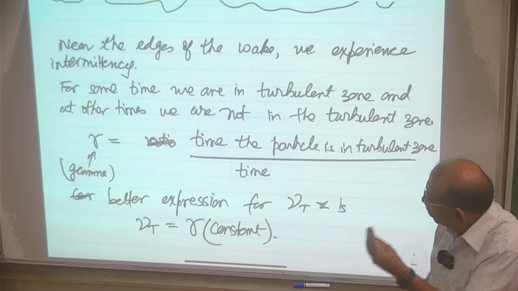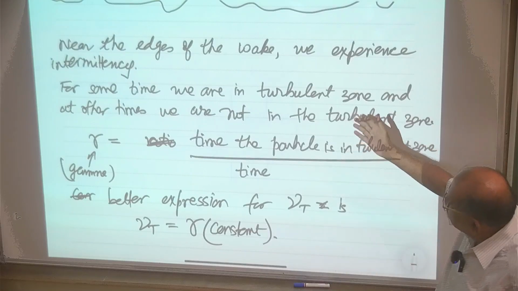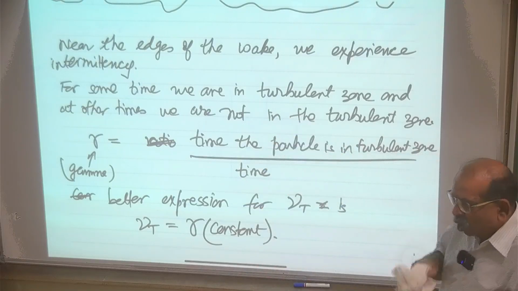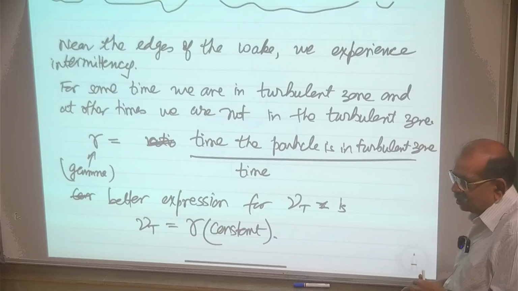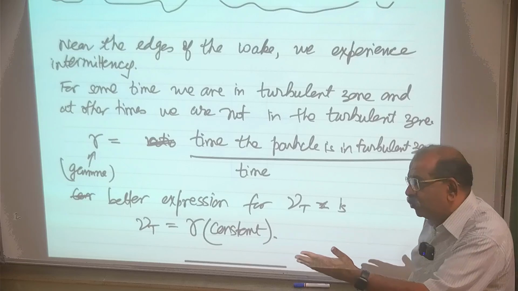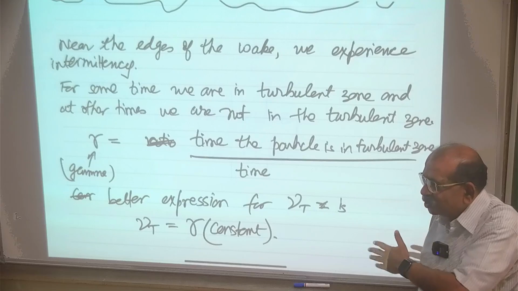So intermittency is used in many contexts. Here we are using it with respect to time, but you can use it with respect to space. Particularly, often things move from a stable to an unstable zone through intermittency.